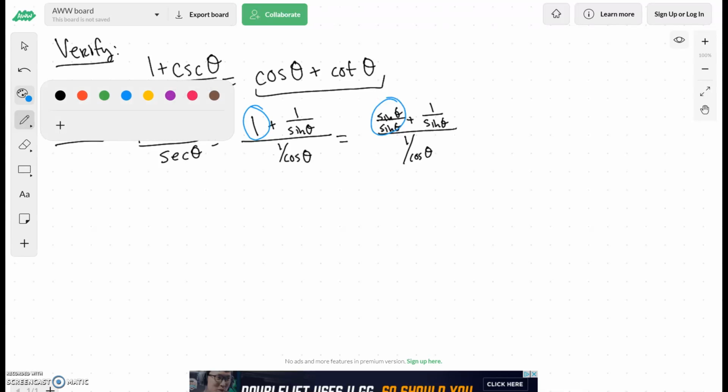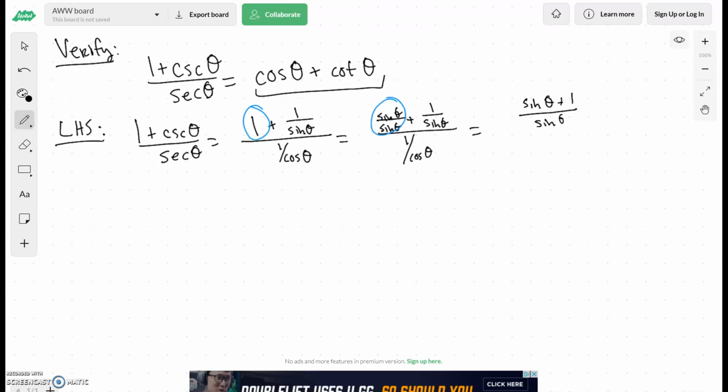Now I'm going to combine the numerator. So I'm going to have sine theta plus 1, divided by sine theta, all over 1 over cosine theta. And remember that when you have a complex fraction like that, you can always rewrite it this way: sine theta plus 1 over sine theta, divided by 1 over cosine theta, because this fraction bar just means division.